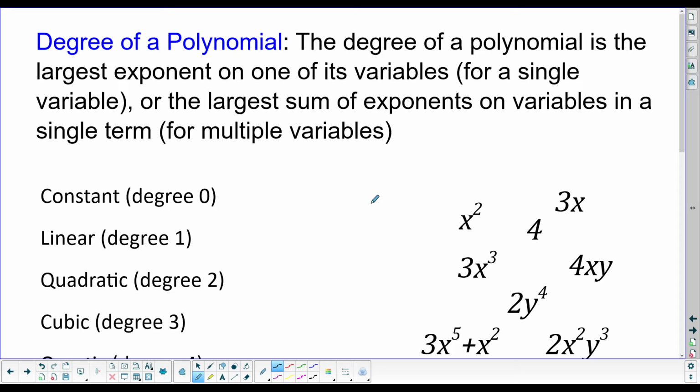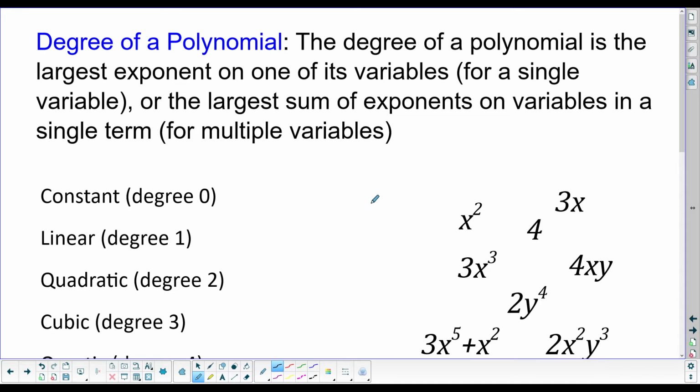And when we talk about a degree, the degree of a polynomial is the largest exponent on one of its variables. Okay, so for a single variable, if it was x squared, for example, that would be a degree of 2. If it was x to the fourth, that would be a degree of 4. If it has multiple variables that are multiplied together, then we add up the exponents of those variables.